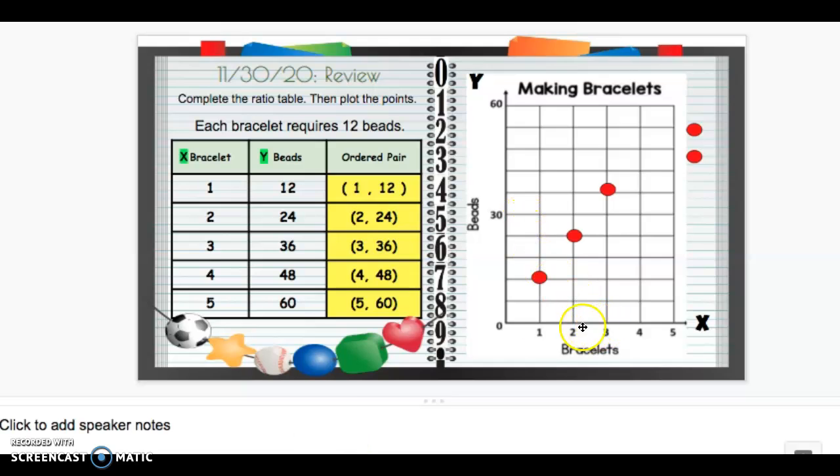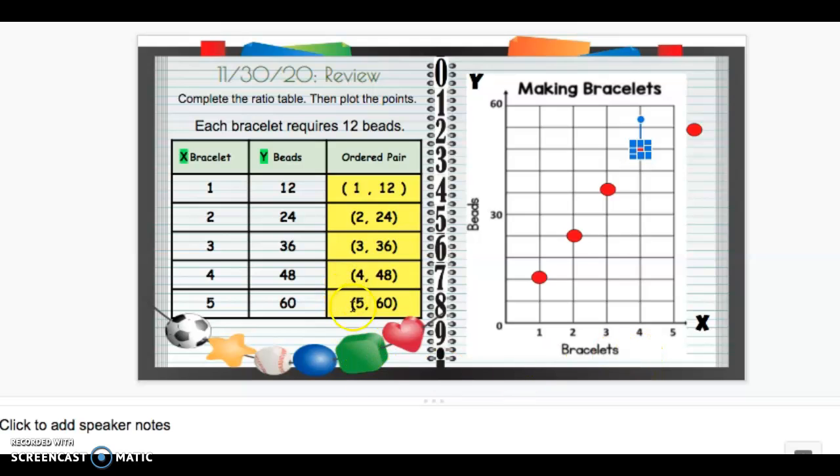I have to go to my 4, comma, 48. So I start at my point of origin, walk to 4 because that's the X, then go to 48. So you have 6, 12, 18, 24, 30, 36, 42, 48. So I put my point at 48.